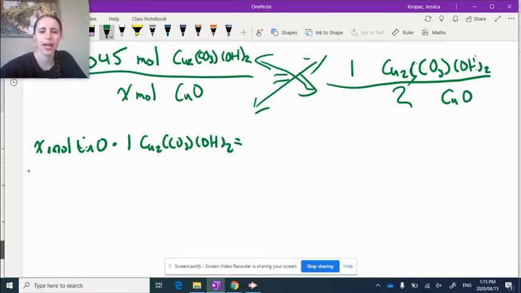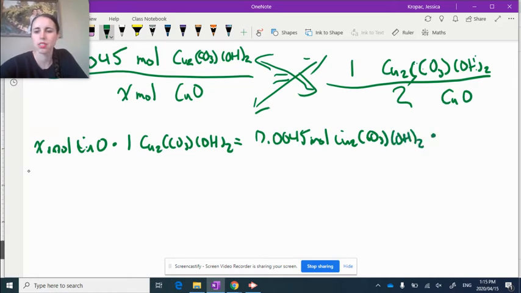I'm then going to have my 0.0045 moles of Cu2CO3(OH)2, and that's going to be multiplied by 2 moles of copper oxide.